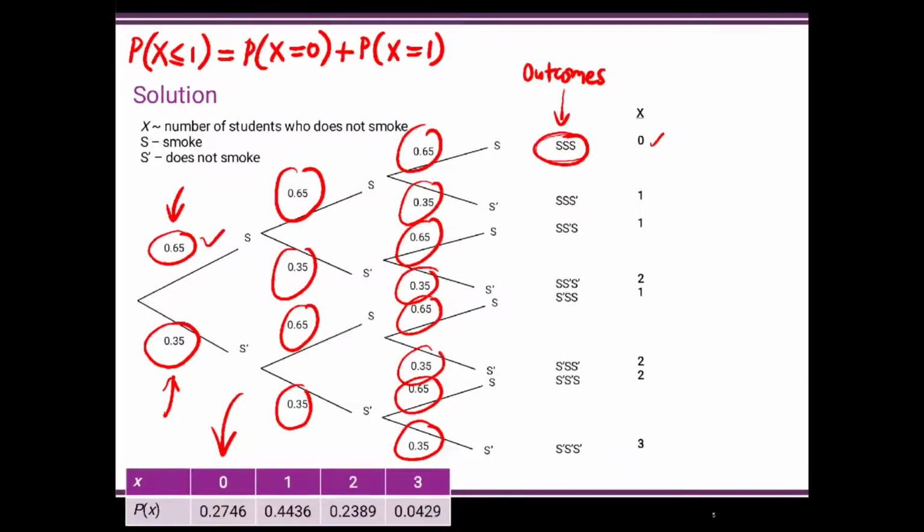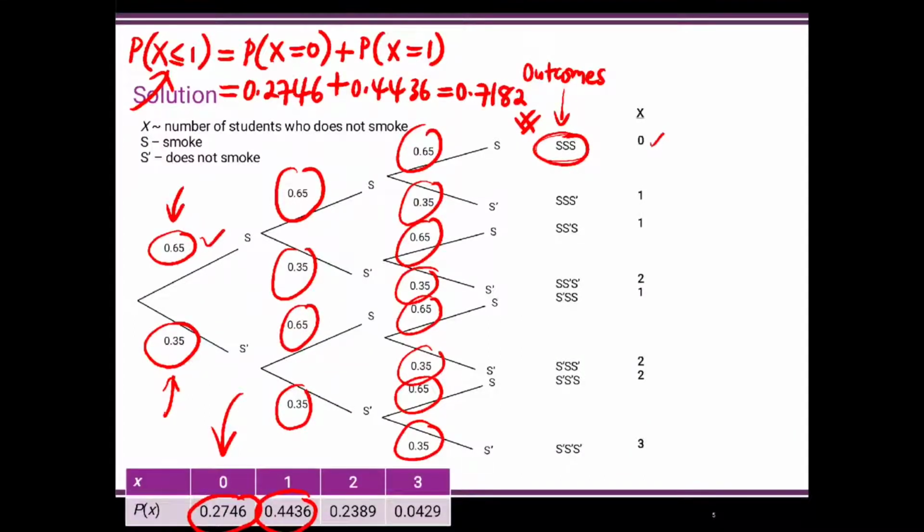In the previous slide we have this question, at most 1. This is equivalent to the probability of X equals 0 plus the probability of X equals 1. So you will get 0.2746 plus 0.4436, and that is 0.7182.